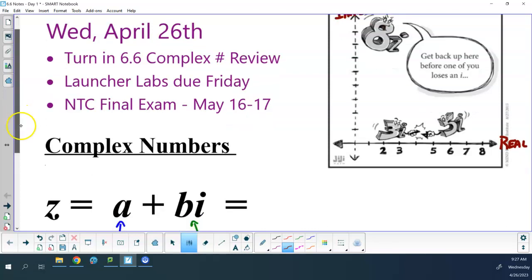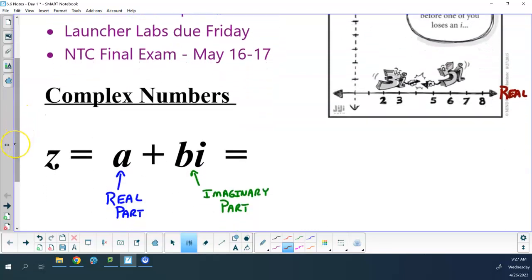That then allows us, instead of writing this complex number all the time as A plus BI, to write it just as A comma B in the complex plane, where A is the real part and B is the imaginary part.